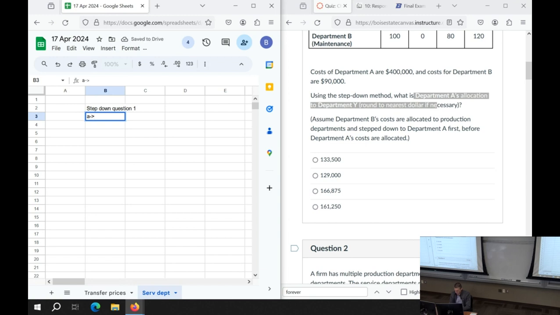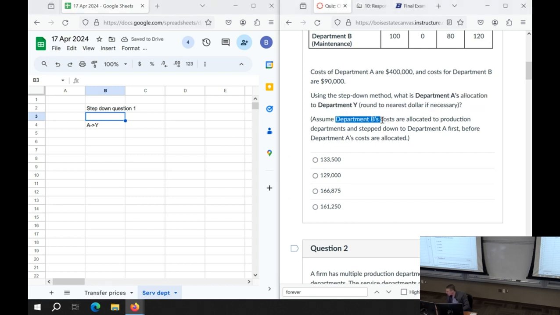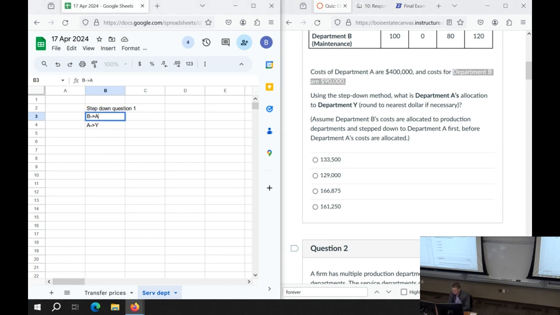We need to know A to Y. And B's costs are stepped down first. So some of B's costs are going to hit A. So we need to know B to A.